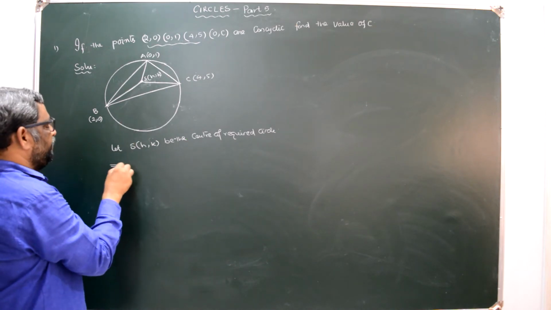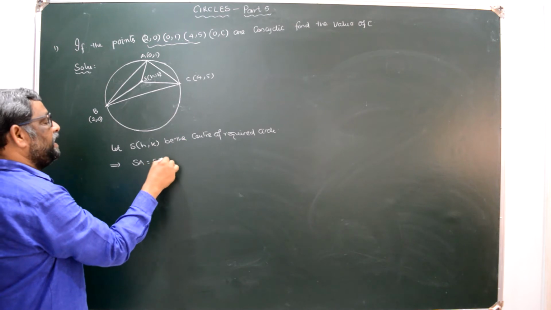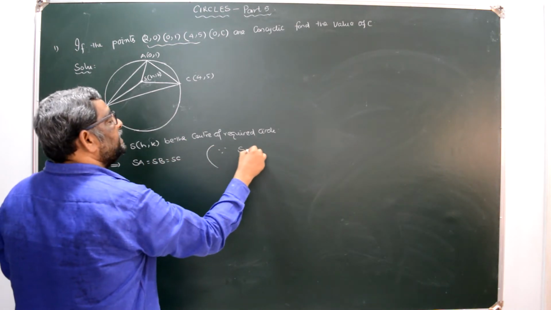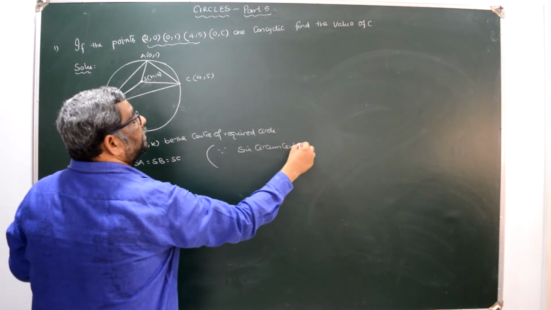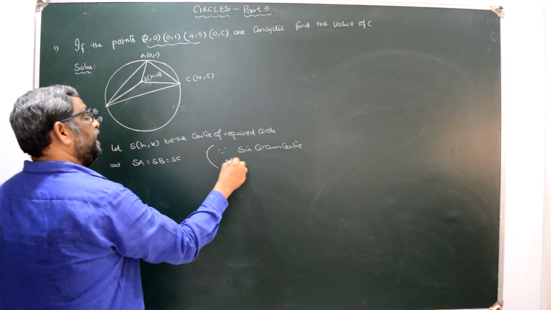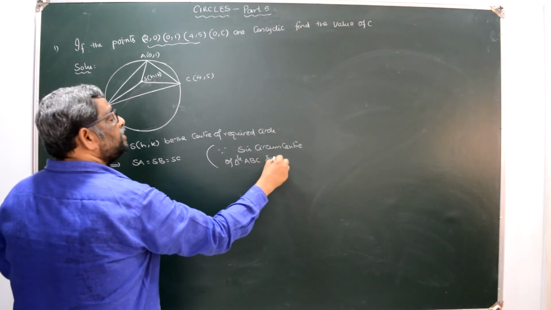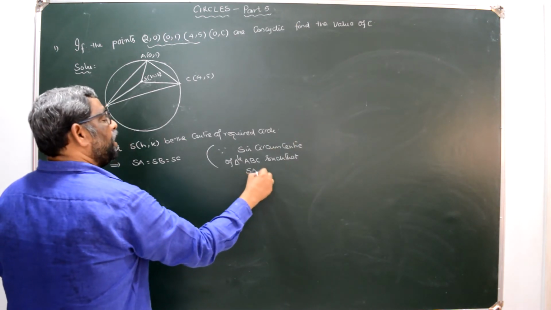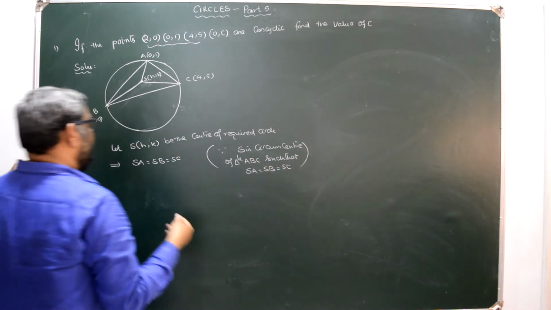Circumcenter is equidistant from the vertices, so SA is equal to SB is equal to SC.